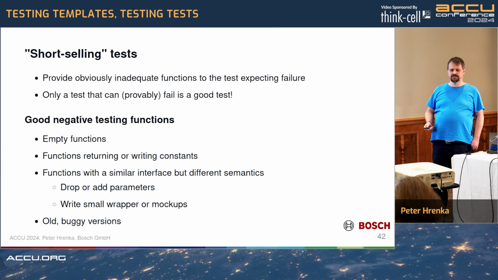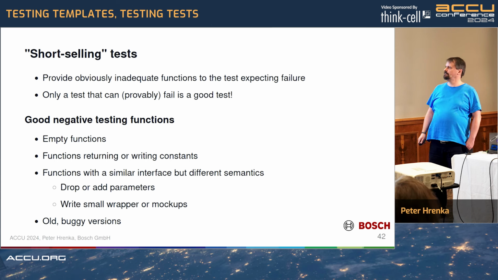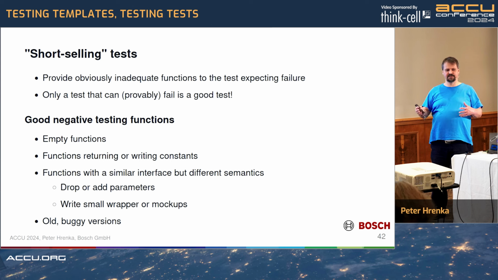Also, we can write some constants, just writing zeros all the time, everywhere, or similar functions that have a different specification. We can add parameters, we can remove parameters for those functions, and we can write a small wrapper to implement something that clearly doesn't fulfill the requirements.